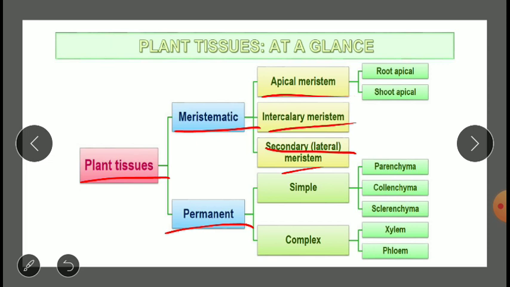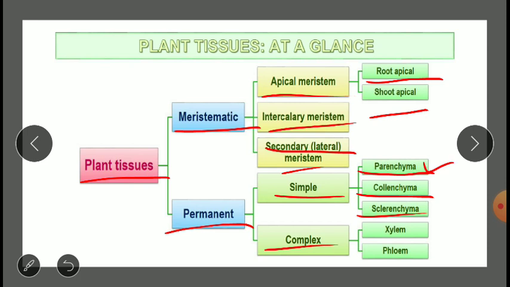The apical meristems are again divided into two, that is root apical meristem and shoot apical meristem. The permanent tissues are of two types, that is simple permanent tissues and complex permanent tissues. Simple permanent tissues are the parenchyma, collenchyma and sclerenchyma.